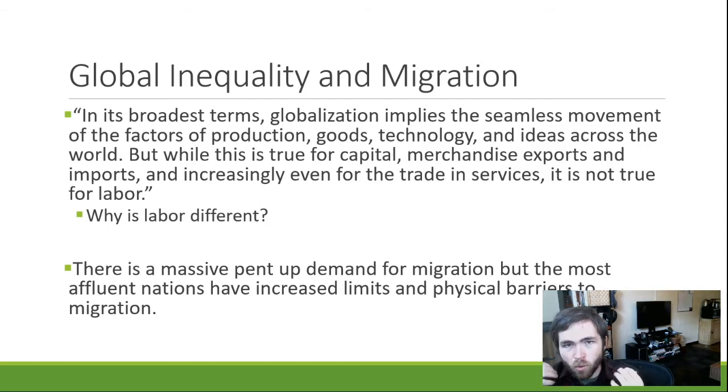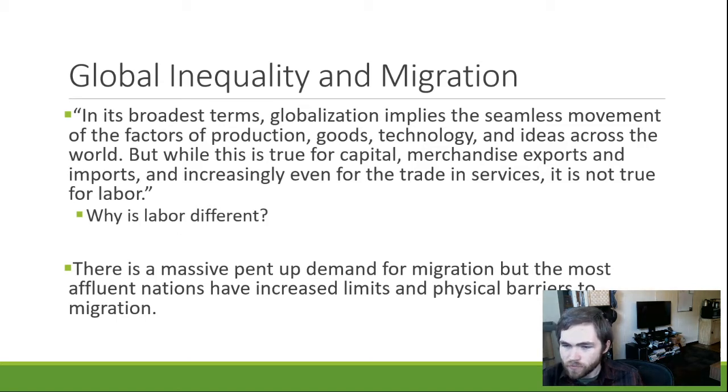But you can't import a worker without also importing a person that has to survive, a person that has certain political rights and responsibilities. And that is a much trickier issue to deal with for a society than simply a bunch of widgets coming over from Southeast Asia, right?